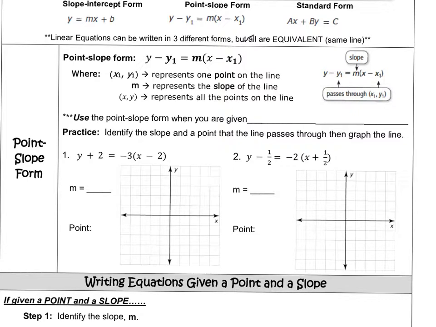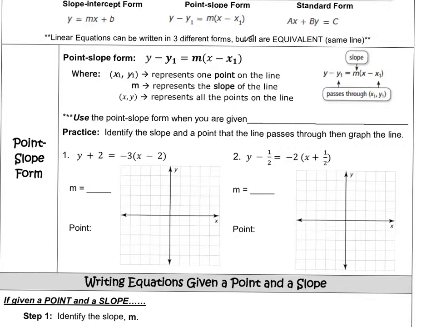The biggest thing to remember on this is just that it's a minus sign. So we're subtracting our x and we're subtracting our y. So when we're using our point-slope formula, we use it when they tell us what the point is and what the slope is, and we just plug them in for the x value of the point, the y value of the point, and the slope.